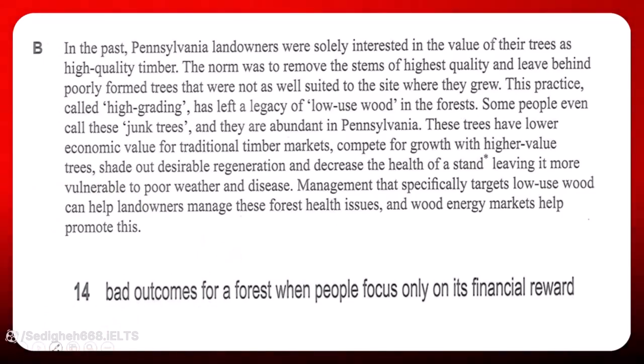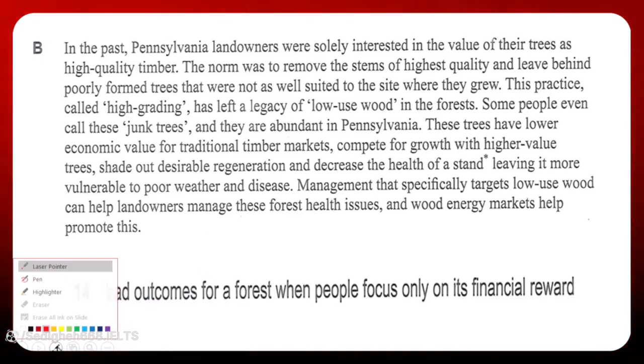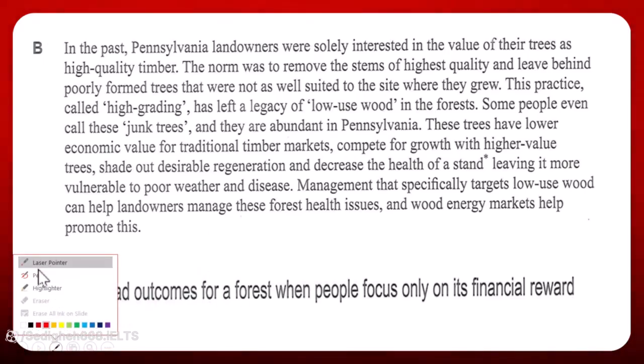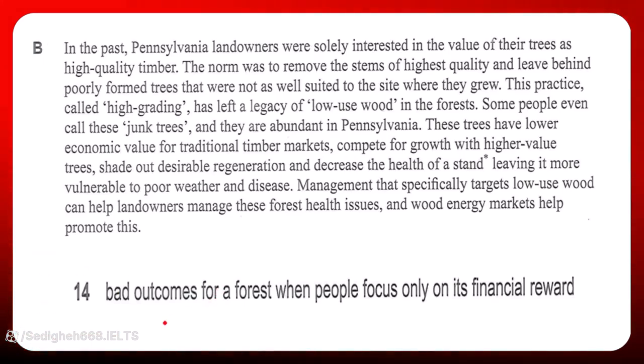The first important thing is we have to read the questions first and highlight the keywords. The question is: bad outcomes for a forest when people focus only on its financial reward. So what are the keywords?